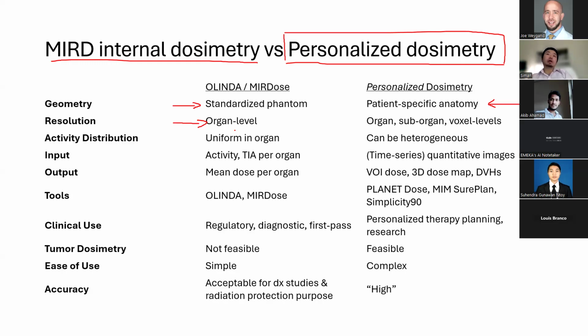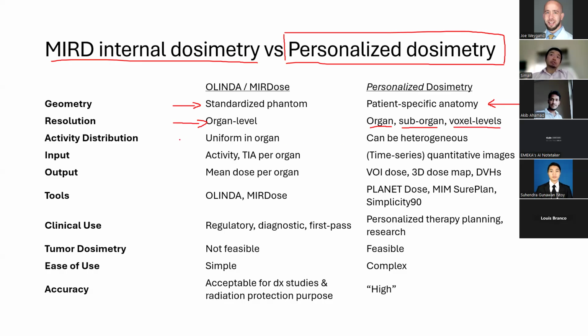All you can do is assume, hey, this is the dose to the liver, but that's about it. It's ridiculous to assume that the tumor is here or there because it's not even the patient, right? And for personalized dosimetry, you can look at the organ dose, you can look at a sub-organ, or even at voxel level.